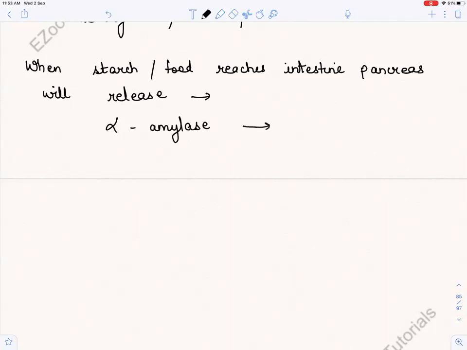Hydrolysis, or breakdown, will take place of the alpha 1,4 glycosidic bonds, so they are getting further digested.